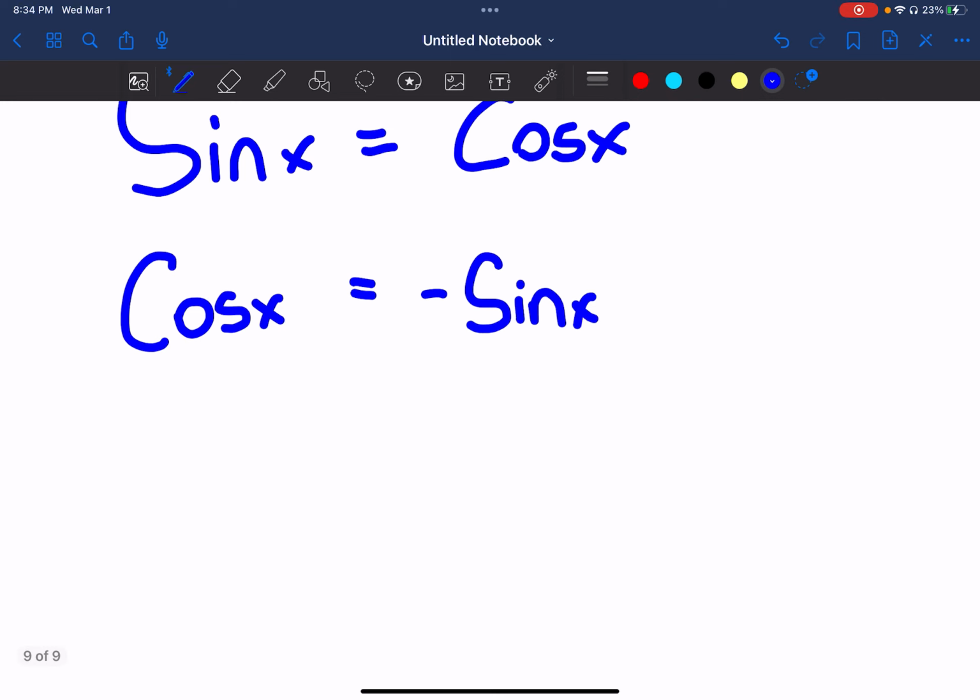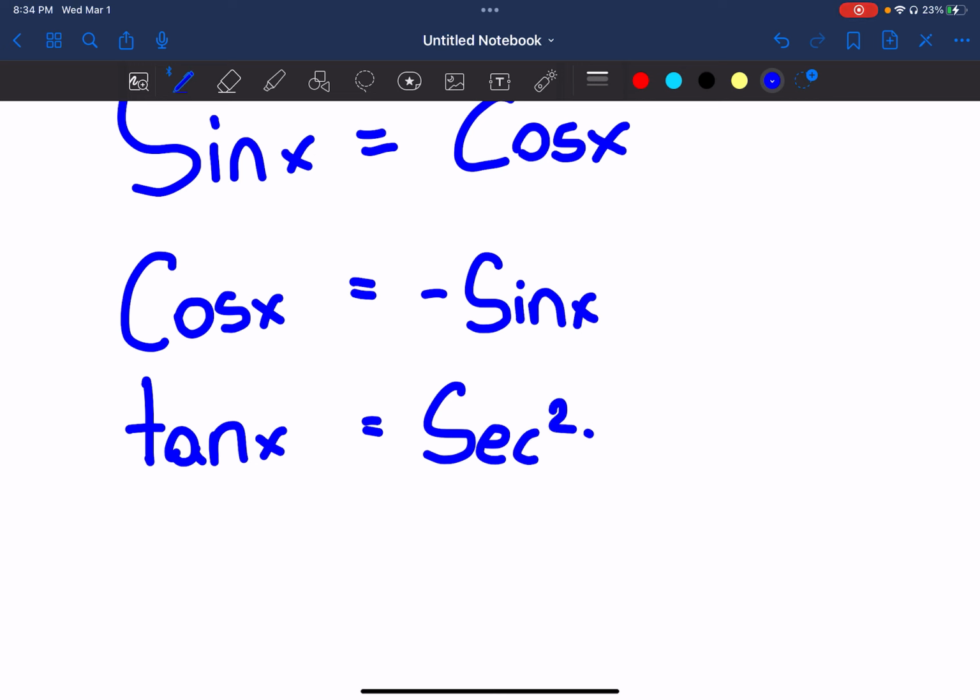The derivative of tan x is equal to sec squared x.